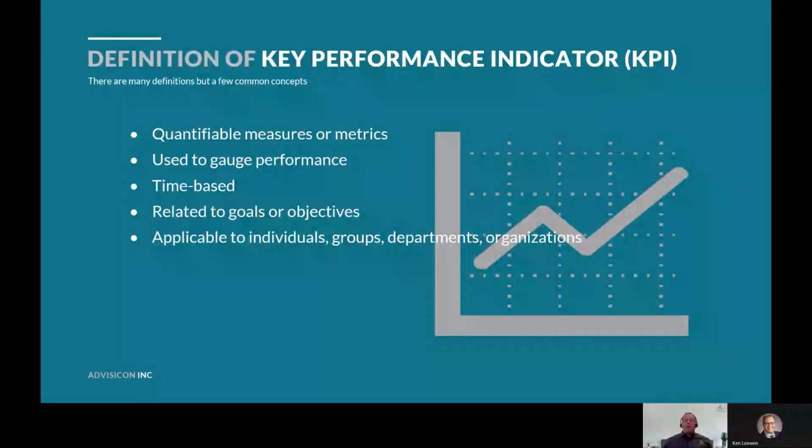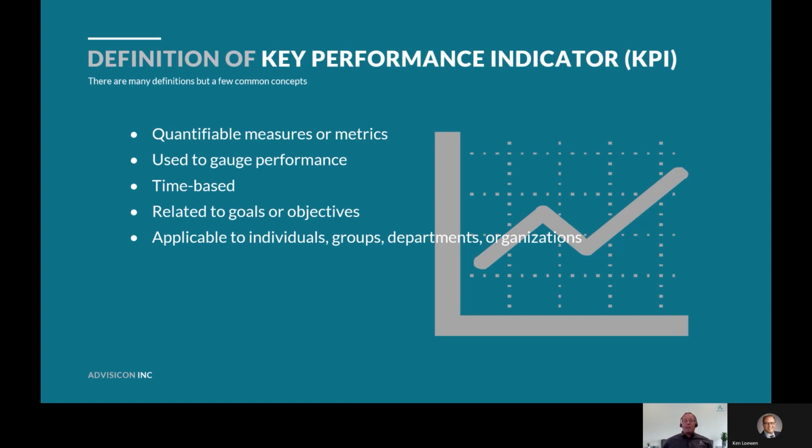So, let's lay a foundation with some definitions. There are a lot of definitions out there, but they've got some common themes. KPIs represent quantifiable metrics or measurements. They're used to gauge performance, as we've already said.